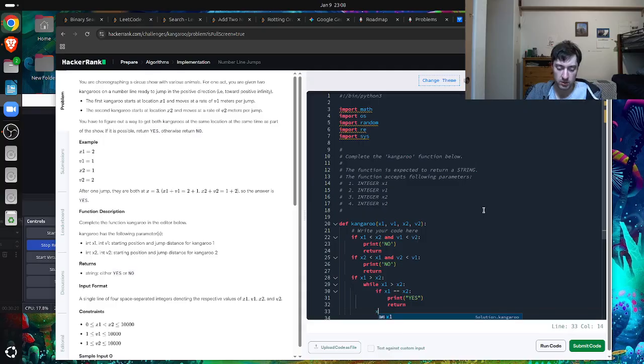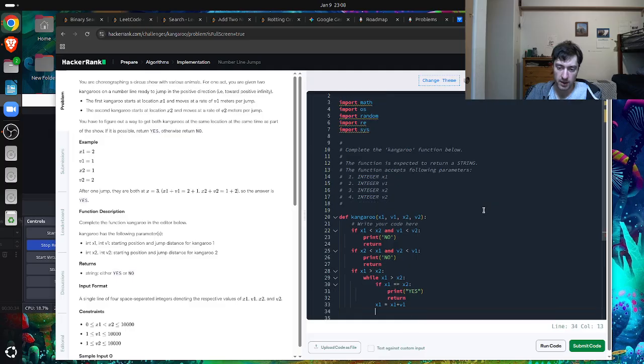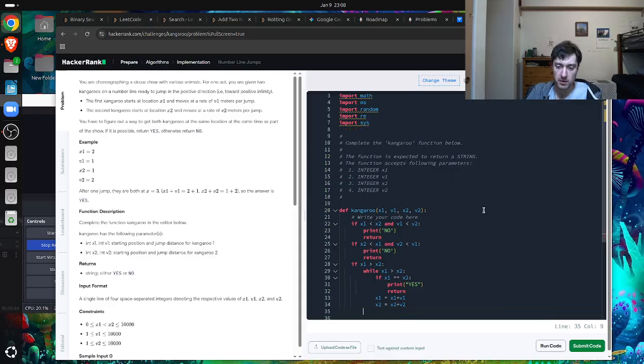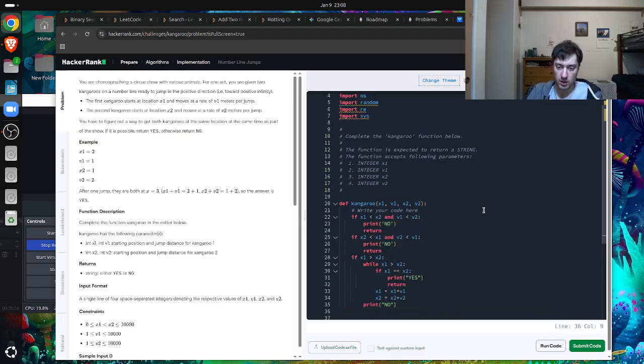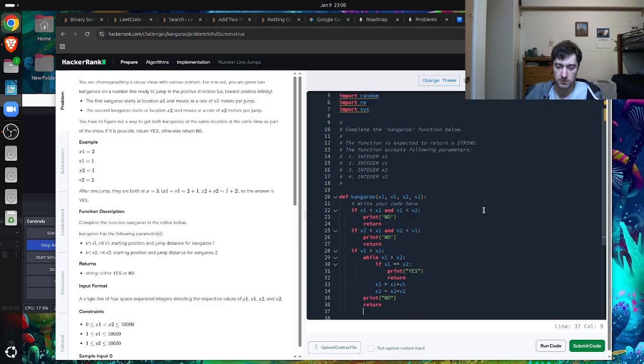Otherwise, I do x1 is equal to x1 plus v1, and then x2 is equal to x2 plus v2, kind of like this, right? And then we keep doing that. If this ever terminates, we print no, okay, and return.